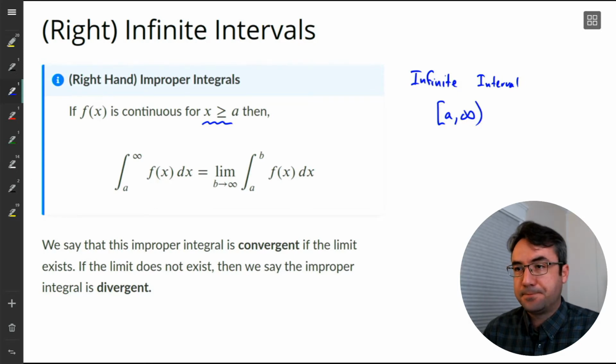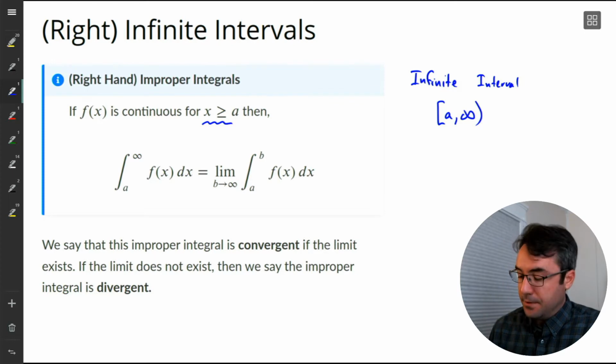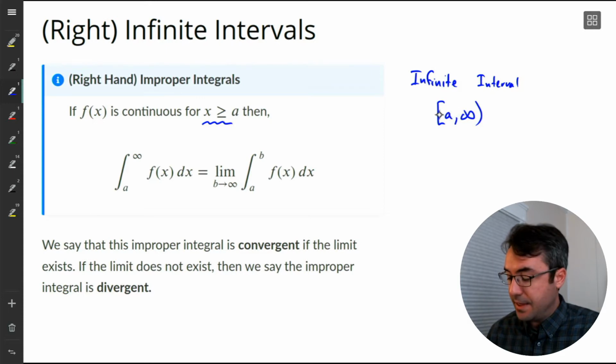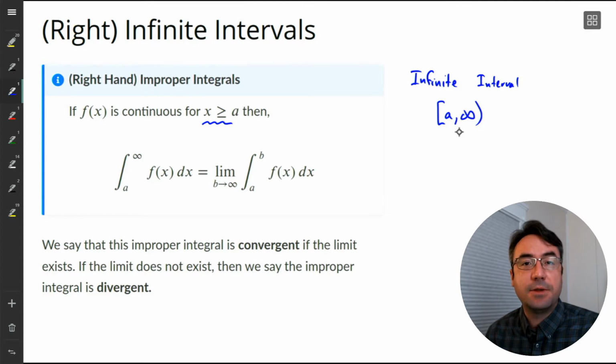So this, we're going to see, already relaxes the one condition from our fundamental theorem of calculus in that we don't have a closed and bounded interval. It's not a finite interval. We're now extending this interval infinitely far to the right.